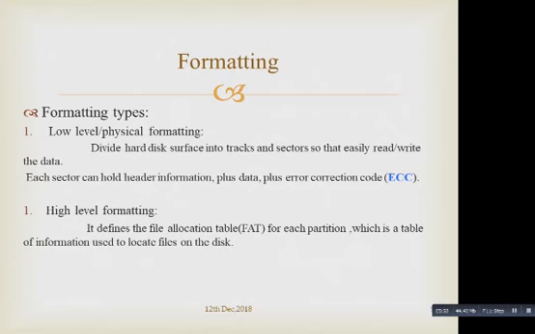And each sector has its header information, a data part and also an error correction code. And the second one is high level formatting, in which we define a table known as the file allocation table for each partition so that the information about all the files is stored in it. All the files that belong to each partition are stored in the file allocation table.